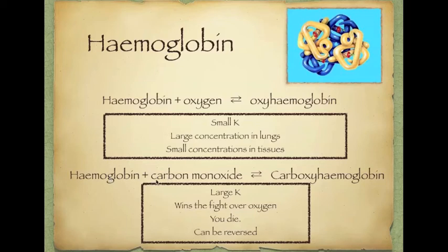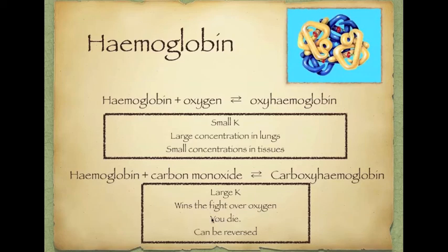So as you put carbon monoxide in, you're removing hemoglobin from this reaction here. So therefore we get less oxyhemoglobin to move around and deliver oxygen to where it's needed. So basically, carbon monoxide wins the fight over oxygen, okay, and thus you die.